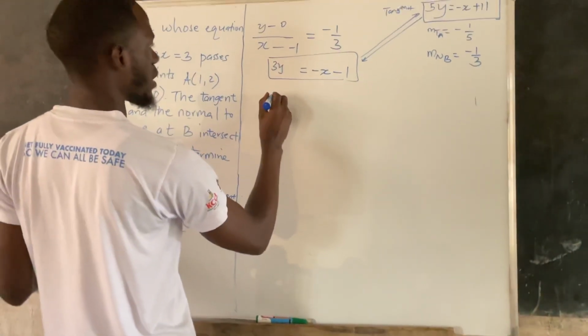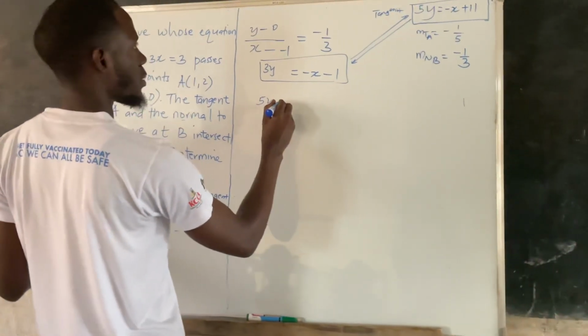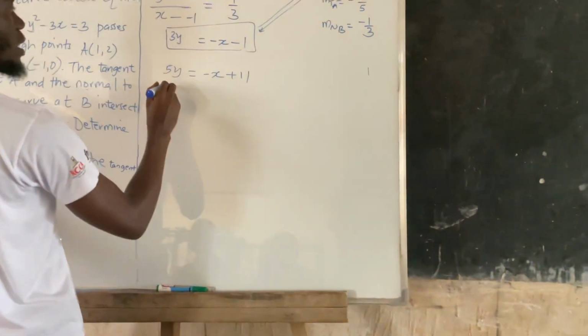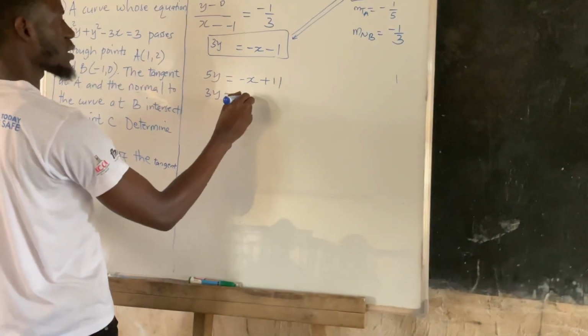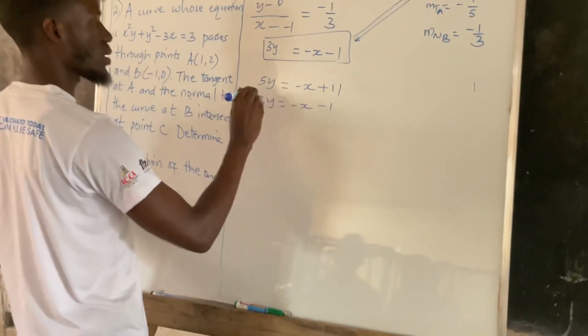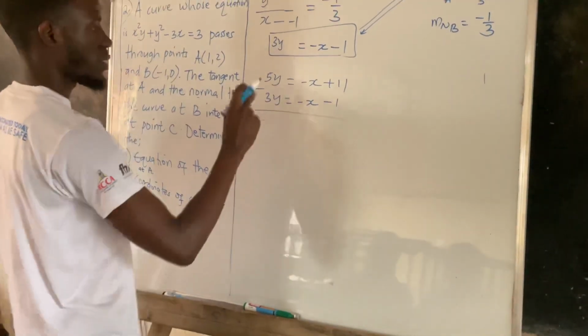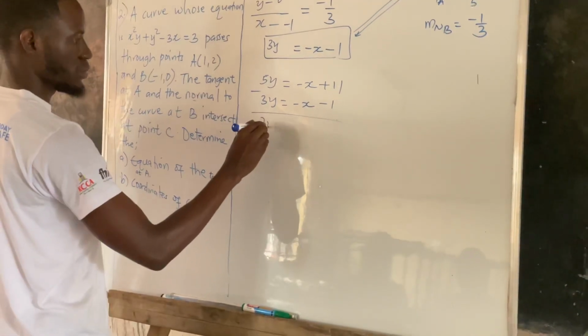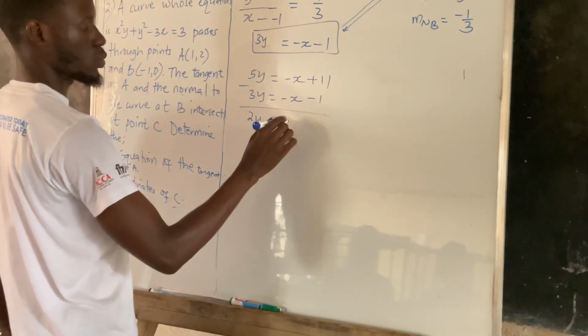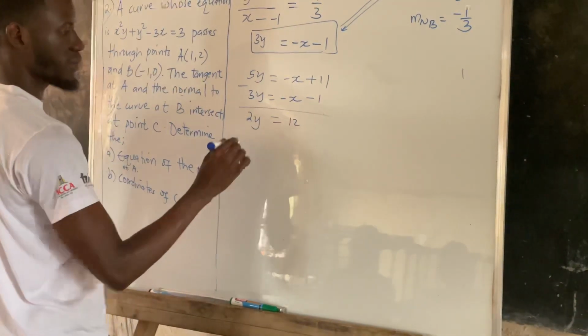We can write, I have 5y is equal to negative x plus 11. Then I have 3y being equal to negative x minus 1. So I subtract. This one will give me 2y. This goes to 0. Then this one goes to 12.